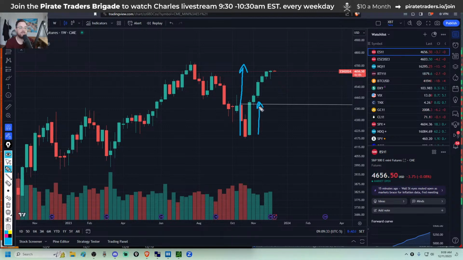When it's getting ready to run out of steam, it will often roll over, and slowly but surely the market will start making smaller and smaller candles, which you can see here. These are larger candles, these are smaller candles. It will make a tighter and tighter range, with highs much closer and lows much closer to each other. So this right here is literally a textbook aging trend.